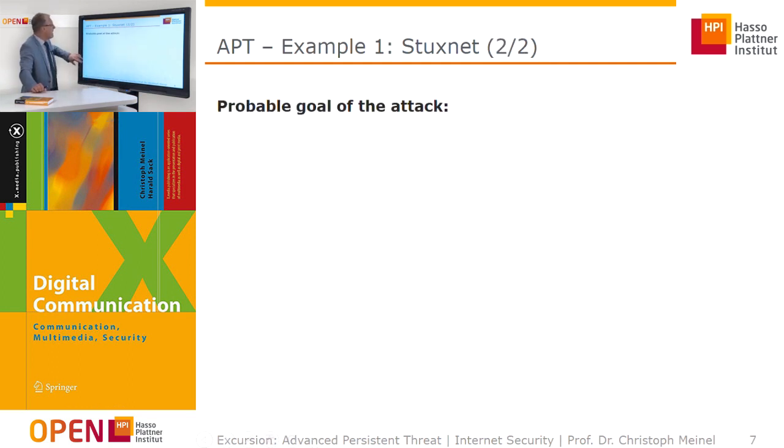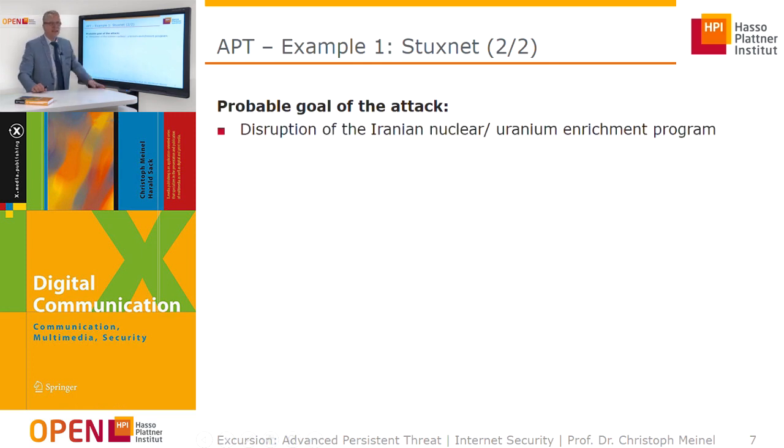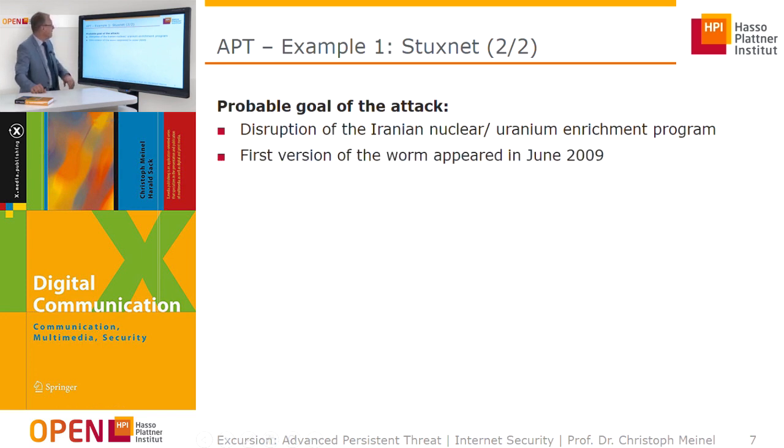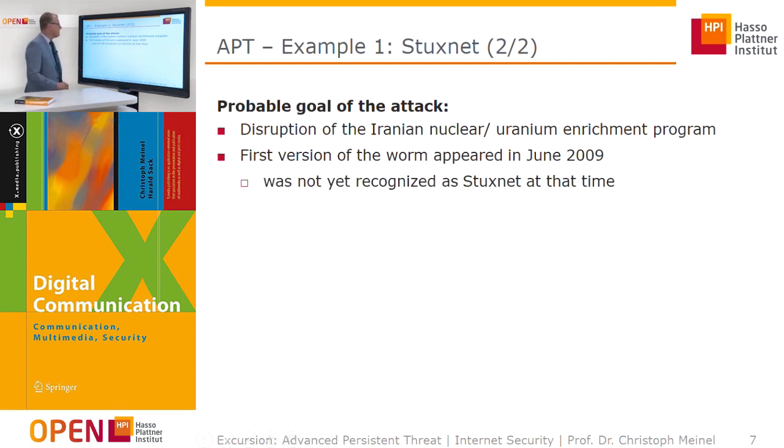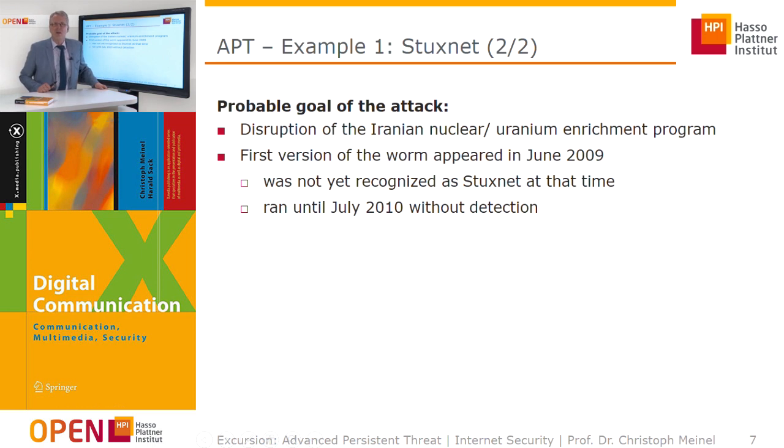The obvious goal of the attack was the disruption of the Iran nuclear uranium enrichment program. The first version of the Stuxnet worm appeared in June 2009, but it was not yet recognized as Stuxnet at that time. Then it ran until July 2010, so more than one year, without being detected.